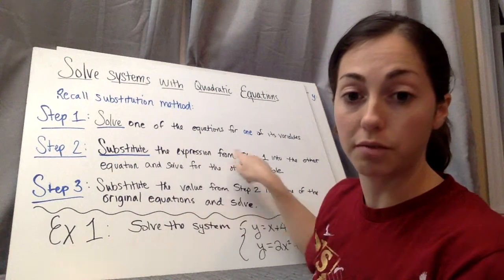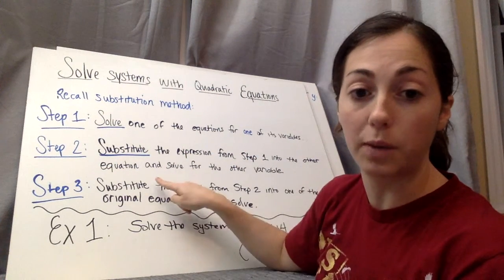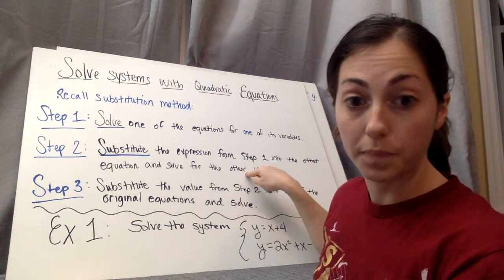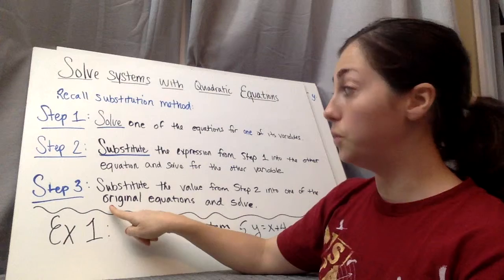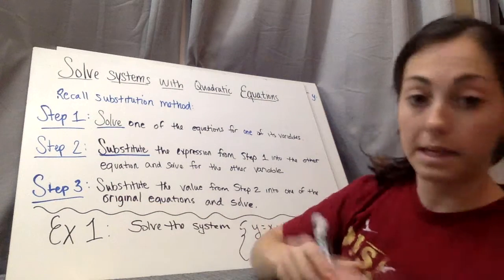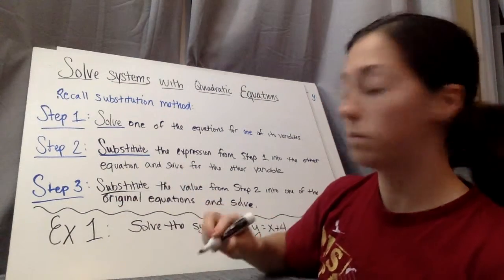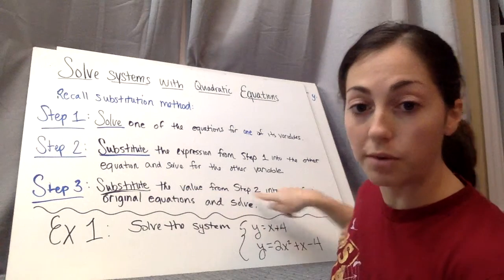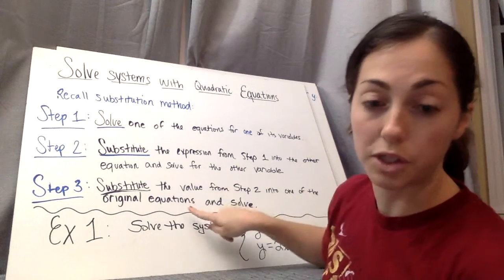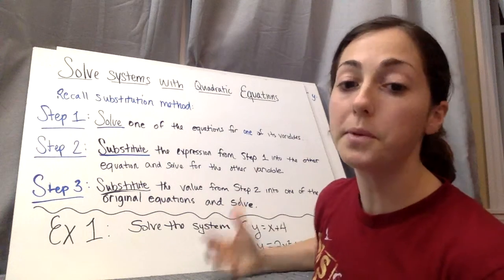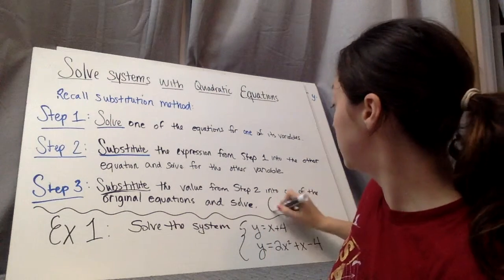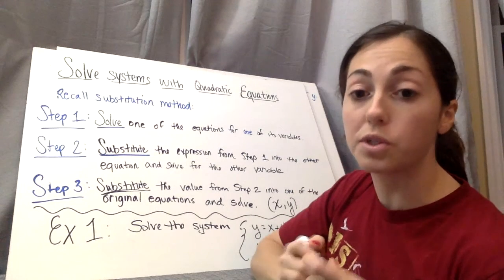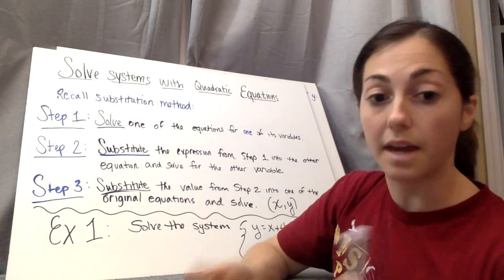Substitute the expression from step 1 into the other equation and solve for the other variable. Step 3. Substitute the value from step 2 into one of the original equations and solve. And remember, your answer was always a point, the point that those two lines met at. So it's an x and a y.